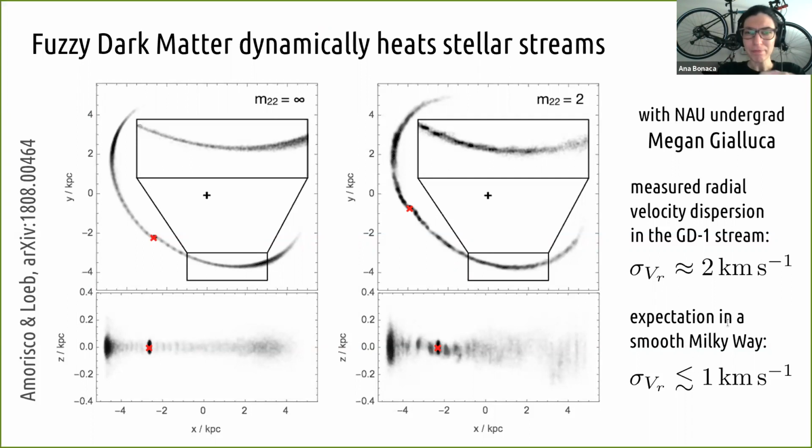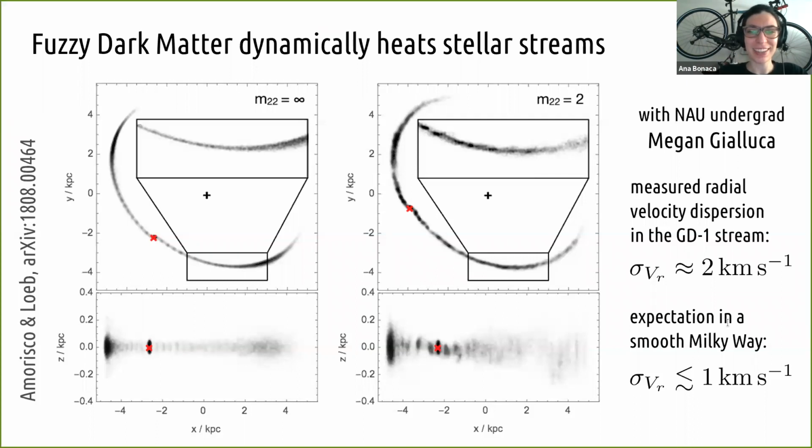So maybe with one stream, it will be hard to distinguish where this heating is coming from, but with a combination of streams that are orbiting at different distances from the galaxy, I'm hopeful that we actually will be able to disentangle all of these sources of heating in the galaxy.